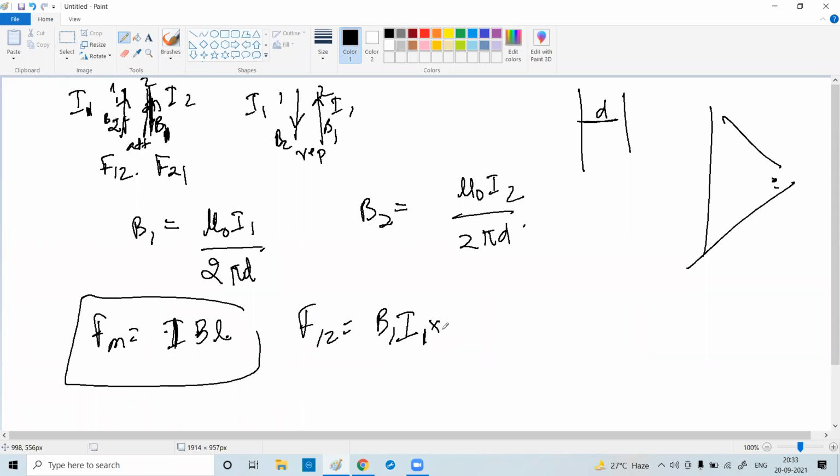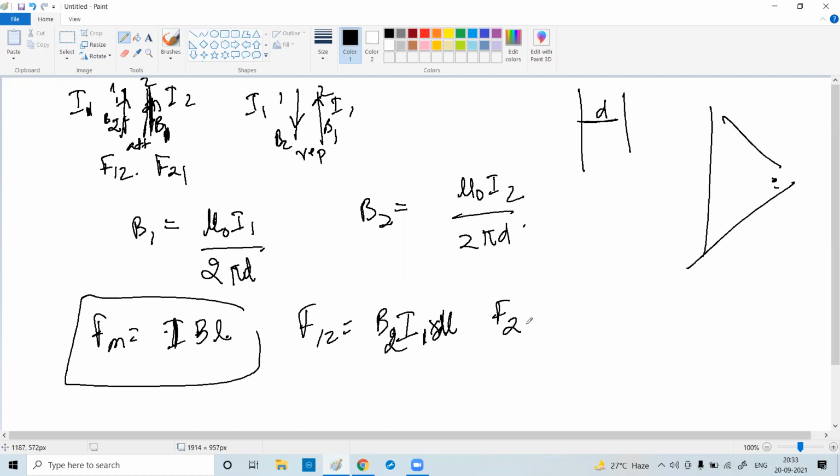I1 into L, length of the wire. Because we are talking about infinite length, we'll write a dL, because we can't find the actual length. So we'll take a small length, dL. Agree with me or not? Sorry, it's not B1, this is B2, because force on this is because of 2.